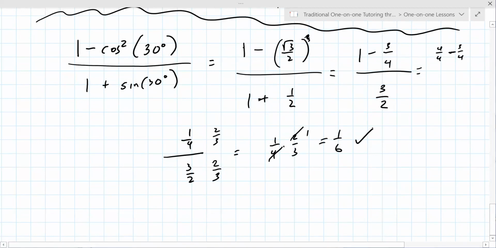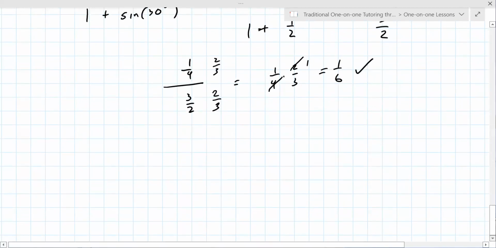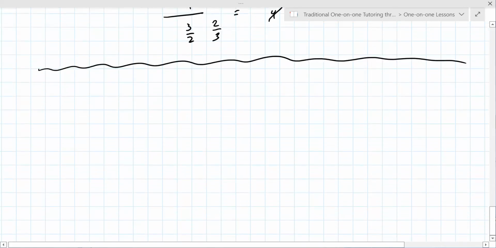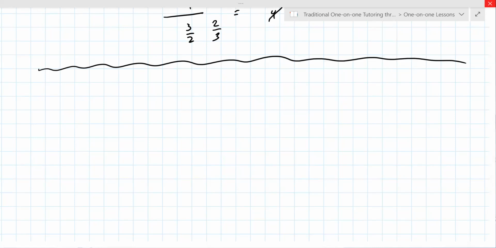Fantastic. All right. So the next thing I want to talk about briefly here, because we really can't do any other problems until you learn how to determine the sine, cosine, tangent, et cetera, of other quadrants. So let me just show you the whole unit circle, and we'll just agree that this is a lot to remember.